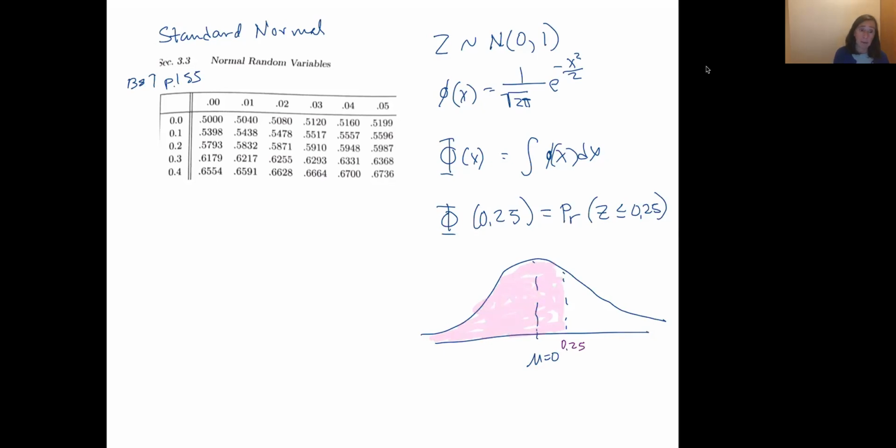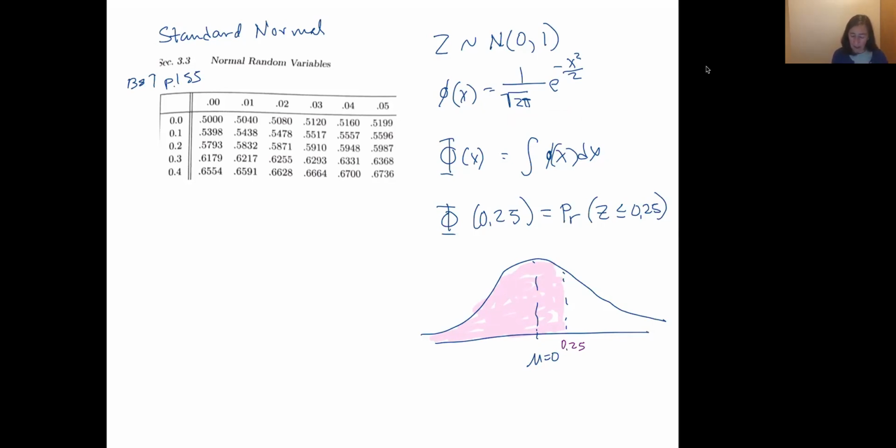That's the probability. Again, we can't find a nice closed form integral for the normal PDF, but they can be computed by hand and we can just read it off the table.